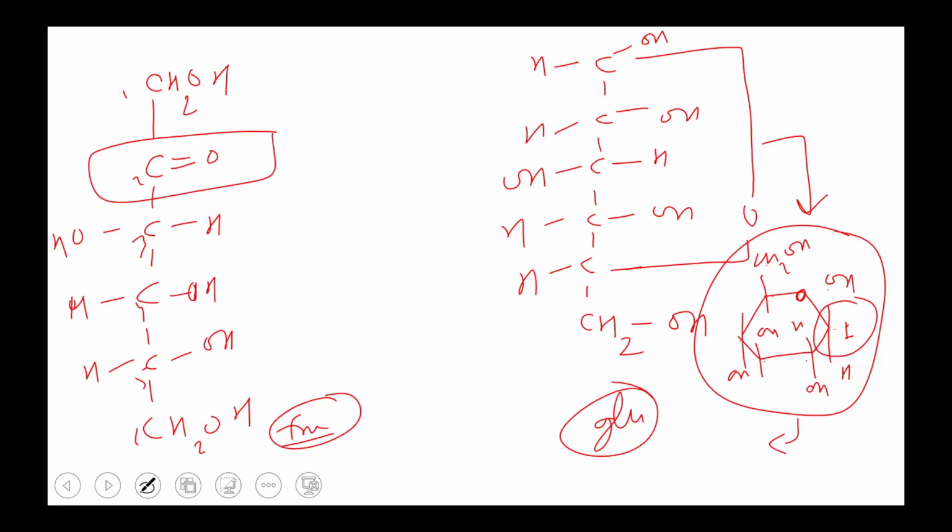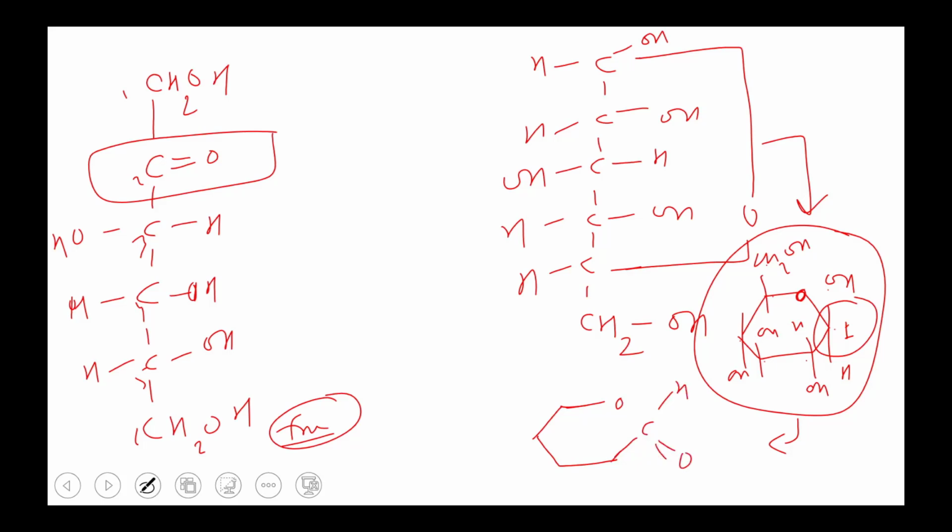So there is an equilibrium between the open, the cyclic ring structure and the acyclic ring structure, so that equilibrium is maintained.